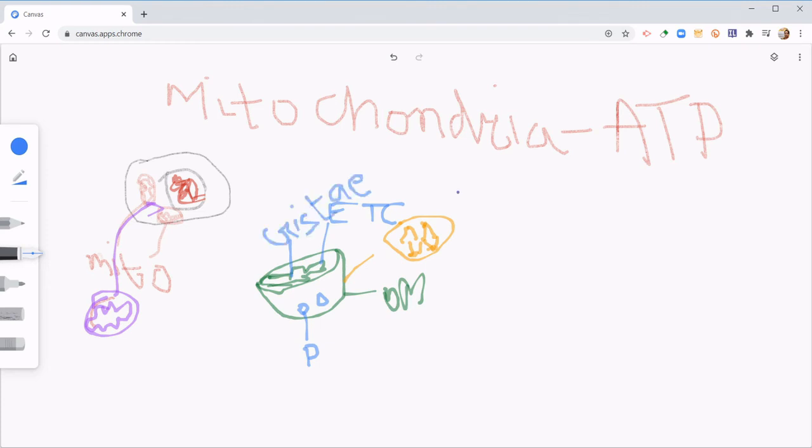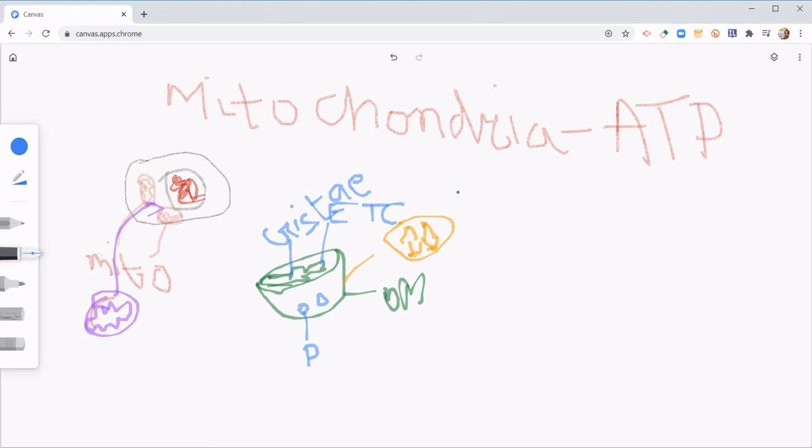A single fold is called a crista. This inner membrane is also a phospholipid bilayer, but it does not have porins, unlike the outer membrane. So, the concentration of various molecules inside the inner membrane is different. It's not the same as in the case of the outer membrane.